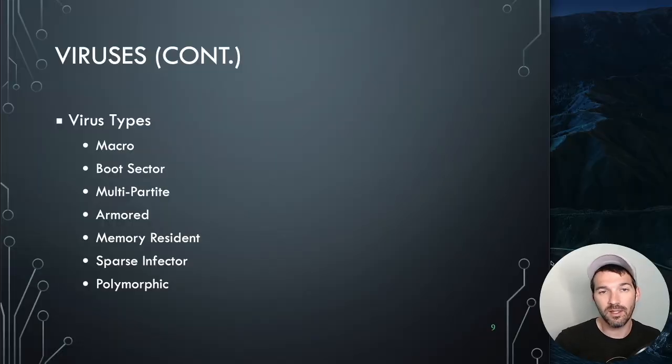Macros, like VBS, which is what macros are written in, give a lot of power to the developer in order to make system function calls. So if you're not careful, obviously malicious software can run, escalate privileges and do some bad stuff on your computer. So macros, fairly easy. You see them quite a bit.